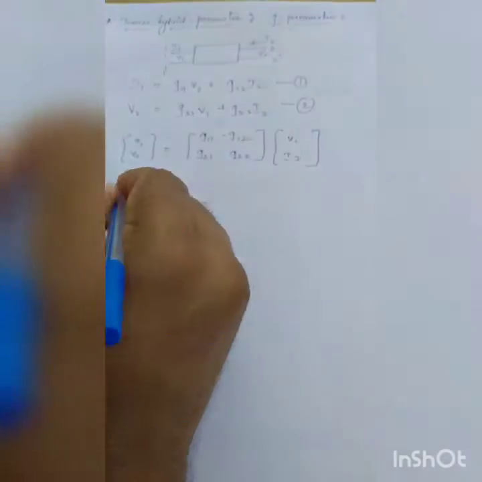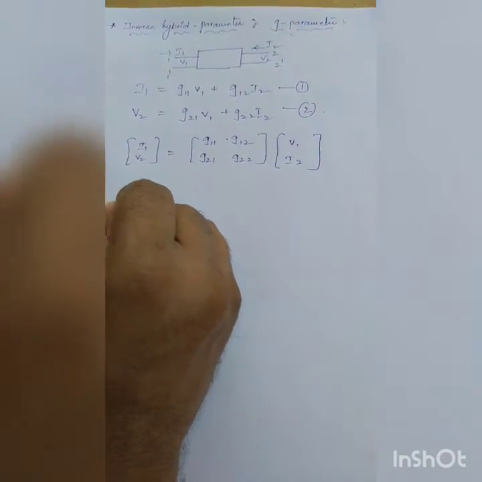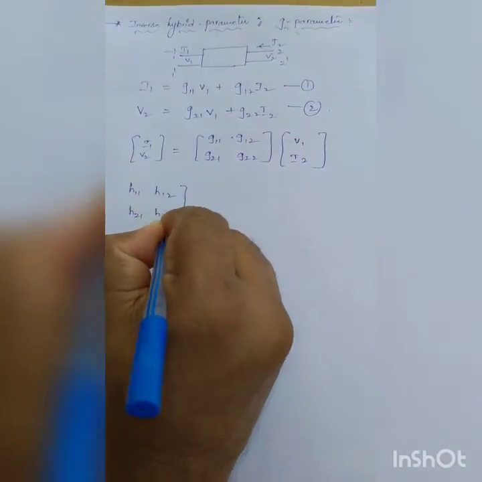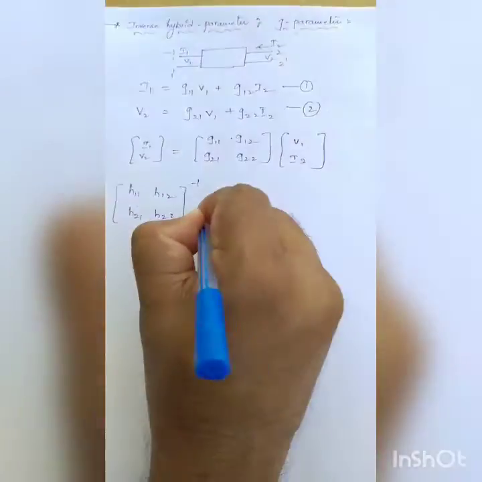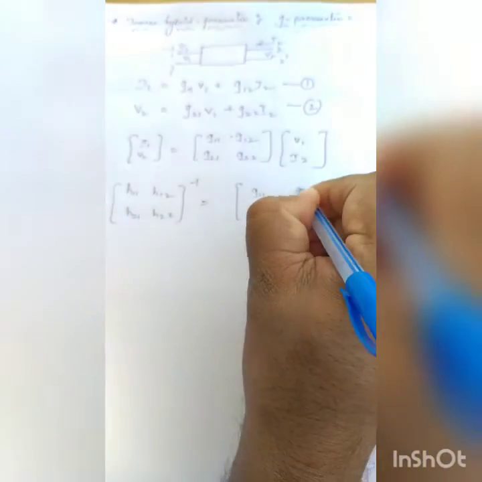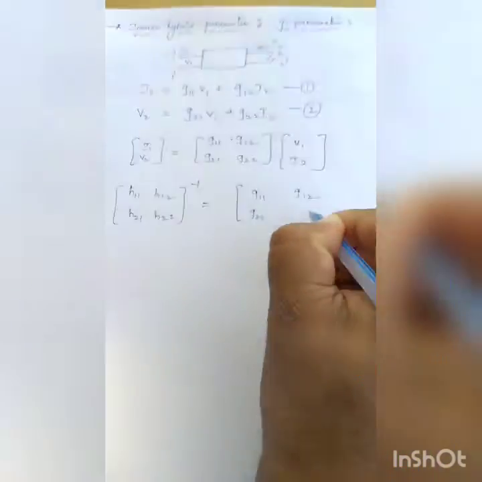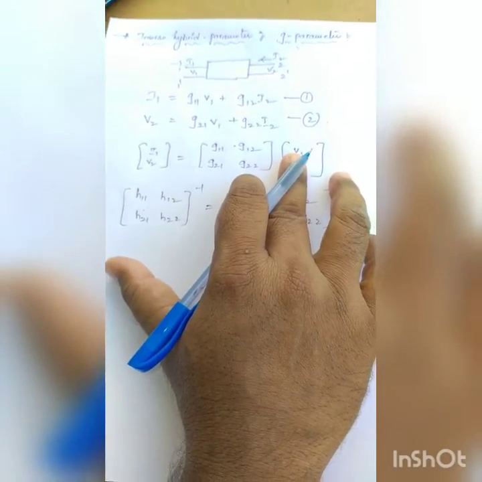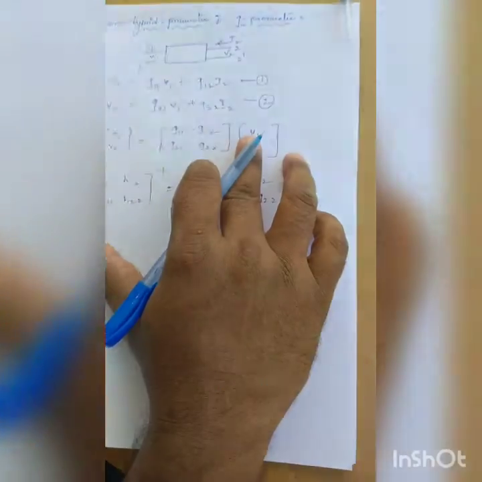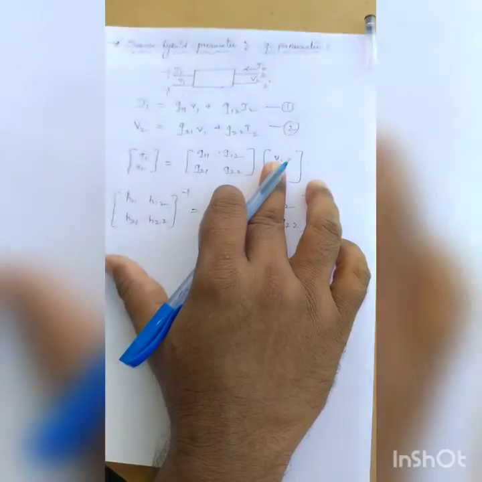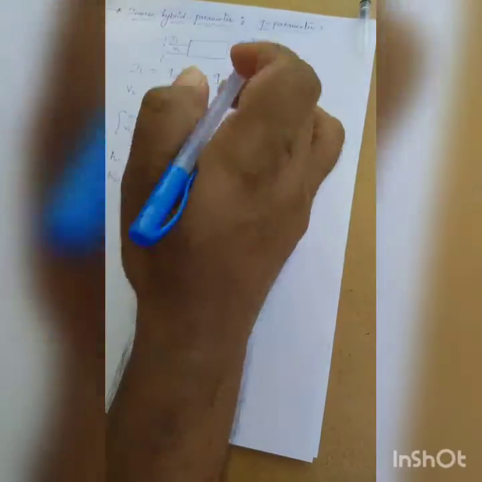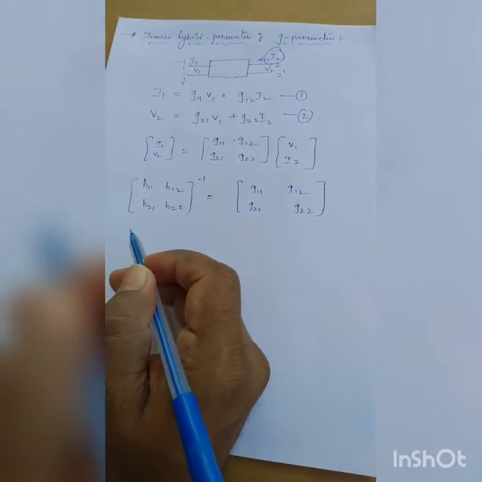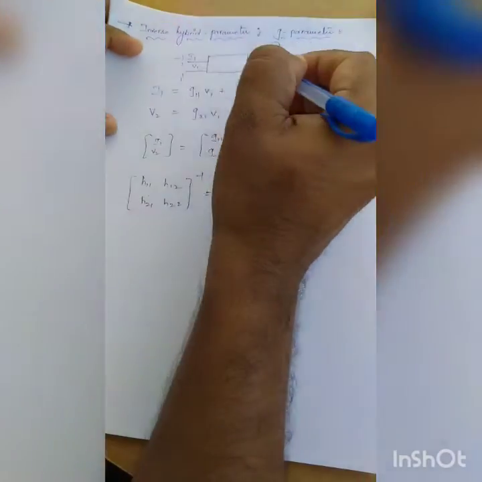It can be verified that H11 H12 H21 H22 is the inverse of G11 G12 G21 G22. These individual parameters may be defined as follows: when the current I2 is equal to 0, we write the G11 value and G21 value.